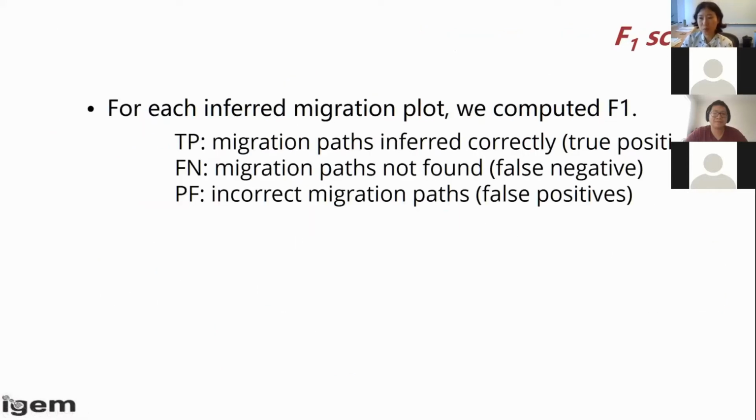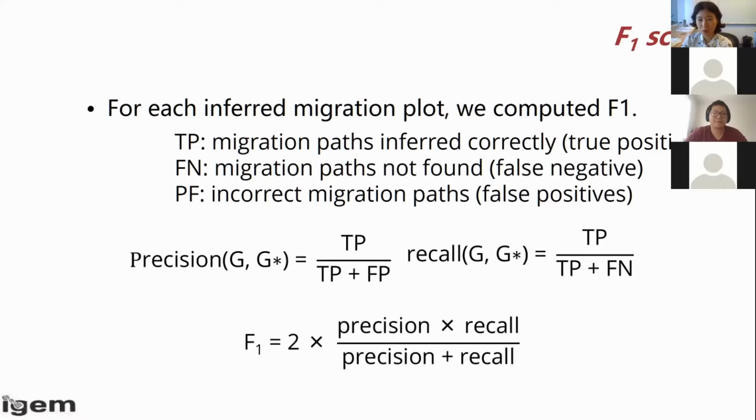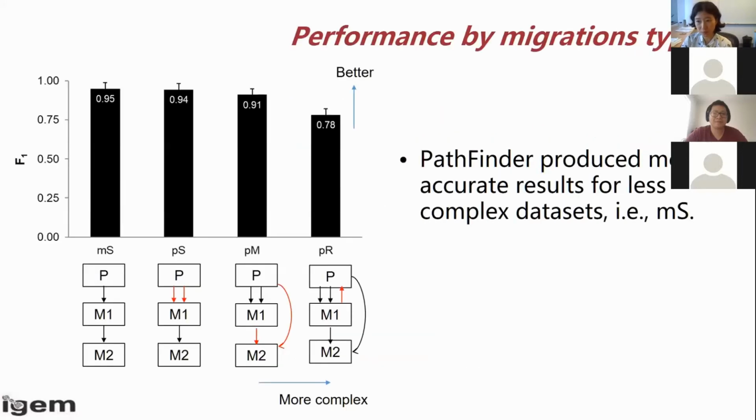Next, we computed F1 score to further evaluate the performance of Pathfinder. For each inferred migration plot, we counted the number of paths inferred correctly, the number of paths not found, and the number of incorrect paths. And then we calculated precision and recall. F1 score is the average of these two values.